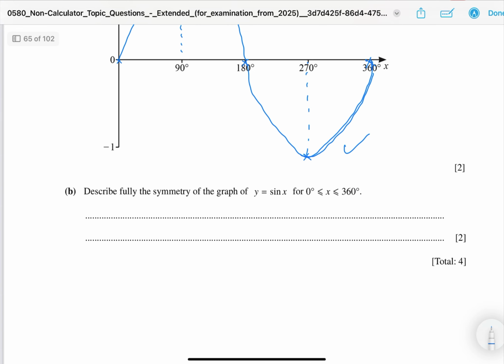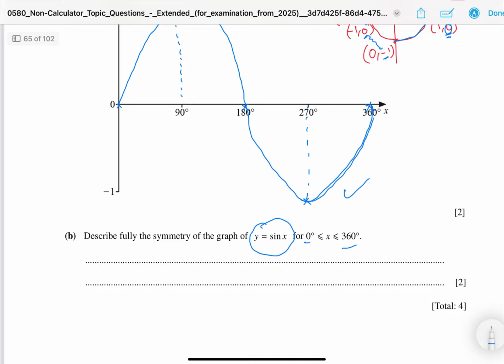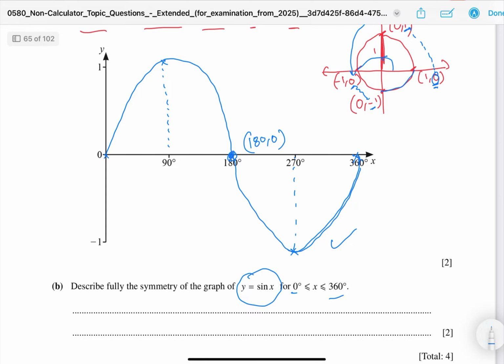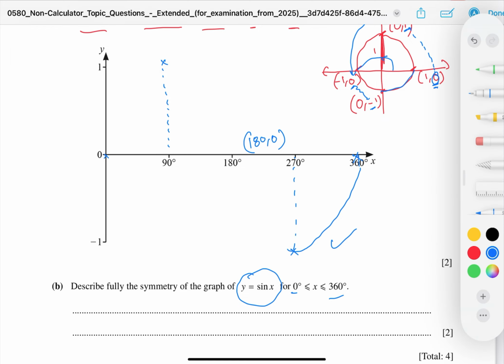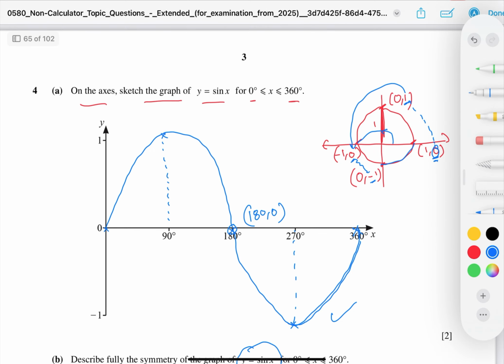Now describe fully the symmetry of the graph y equals sine x between this. To find the full symmetry of this graph, look at this center, 180 and 0. Think with me. If I rotate this graph by 90 degrees, will it become like this or not?